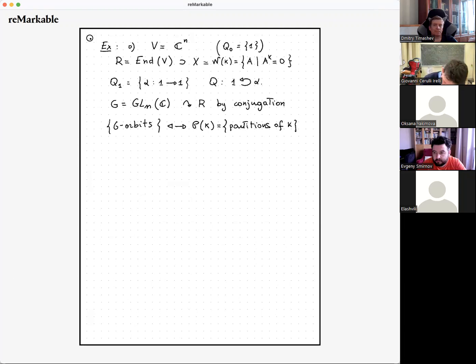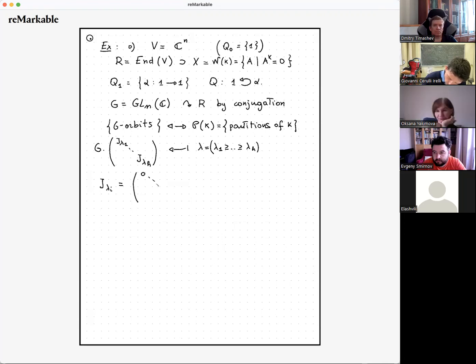Of K, so given a partition, say lambda, lambda 1, ... lambda H, it corresponds to the G orbit of the matrices having Jordan blocks. So here J lambda I is the nilpotent Jordan block, lambda I times lambda I. Why partition of K?